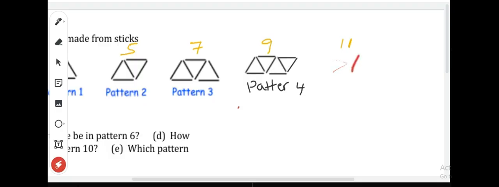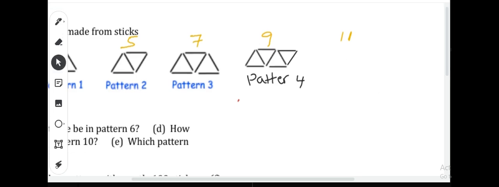The next one will be 11. Let me paste it.